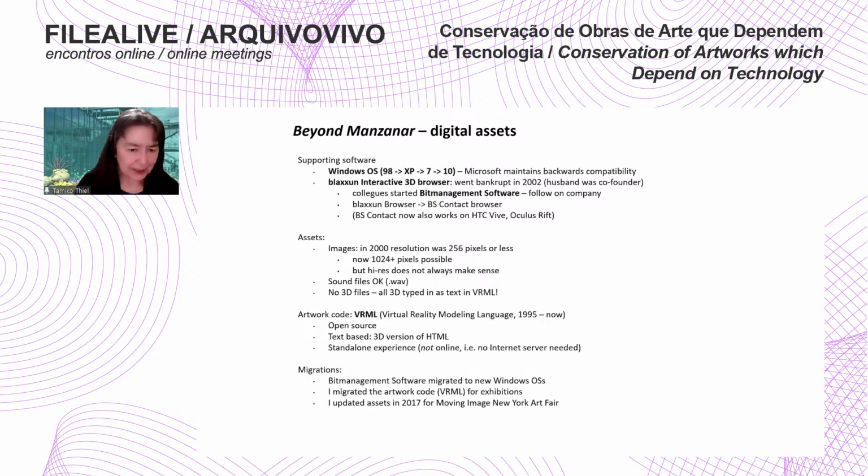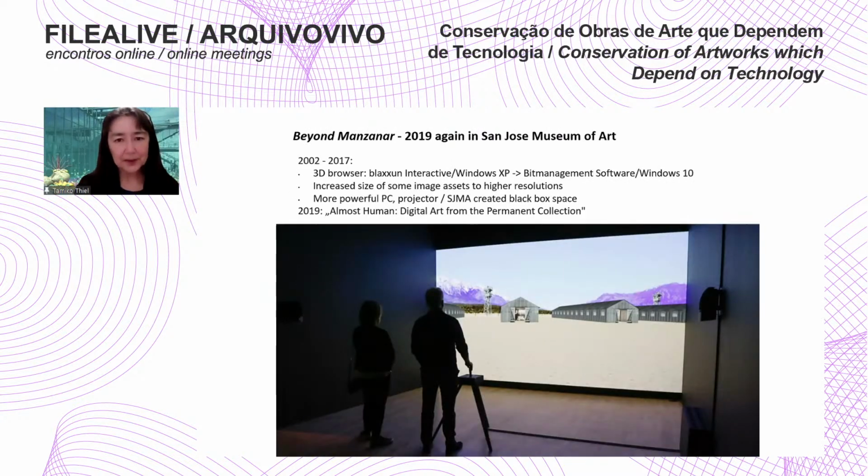Otherwise the image and sound files were all completely normal. And then in 2017, I was showing the piece in an art fair in New York, and I took the time to upgrade a lot of the images to higher resolution versions. The original code was 35 megabytes, including everything, not including the browser, but the program itself and all of the assets.